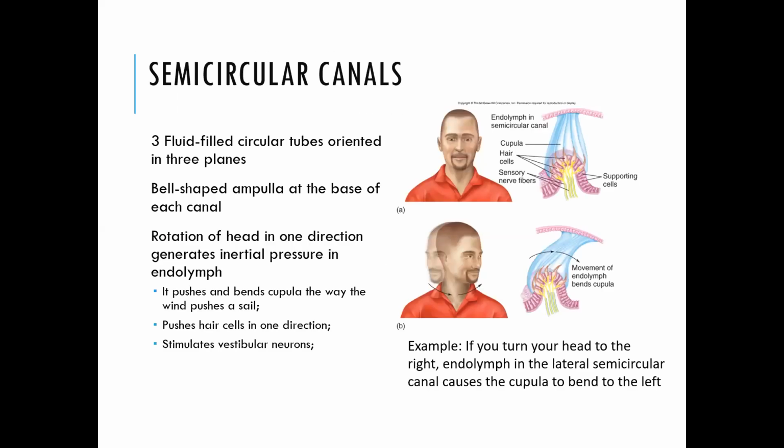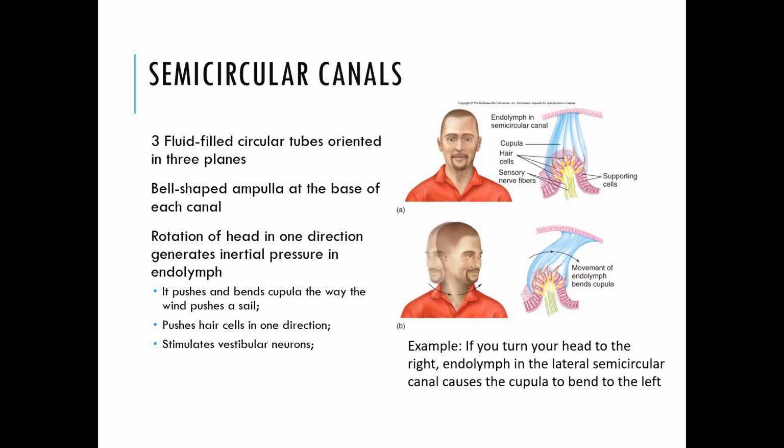In the region of your semicircular canals, these are 3 fluid-filled circular tubes that are oriented on 3 different planes. They're giving an example here so that you can understand how they work. In image A, the gentleman is facing forward, whereas in image B, he's moving left to right, doing a rotation.